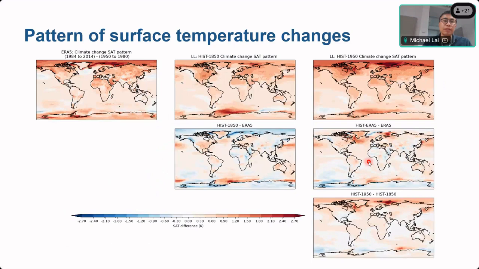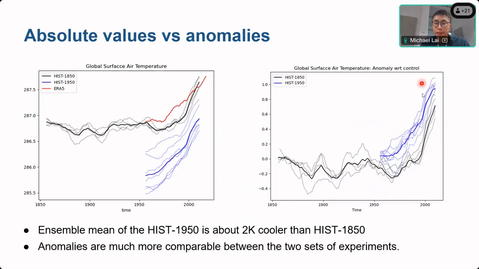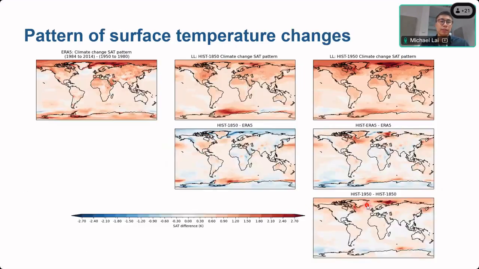These spatial patterns are defined by the mean of the last 30 years minus the first 30 years. So basically, these three decades minus these three decades here, and the spatial pattern of that.